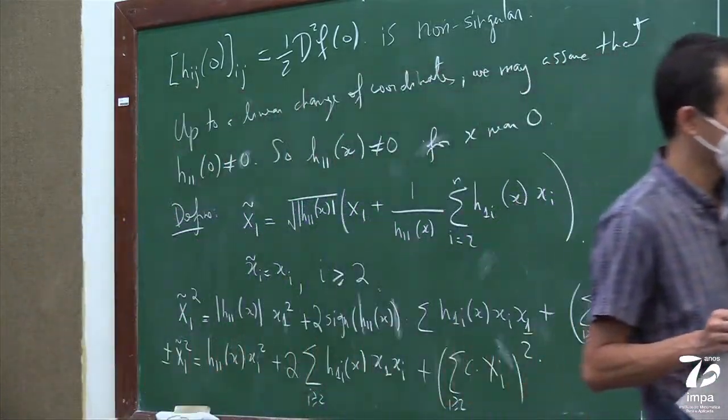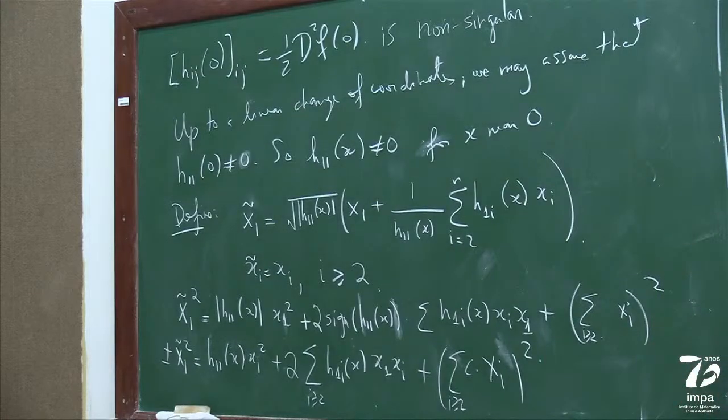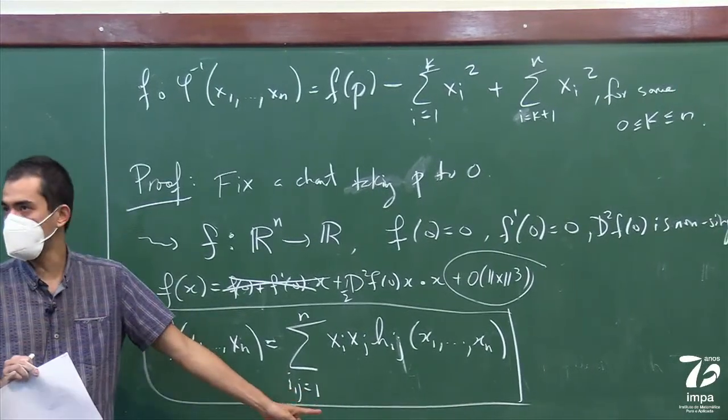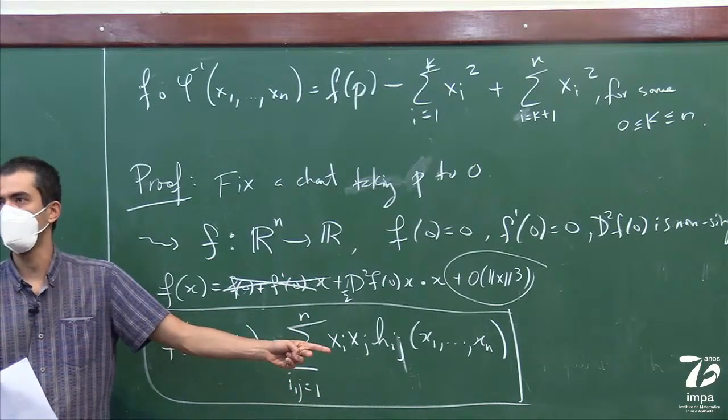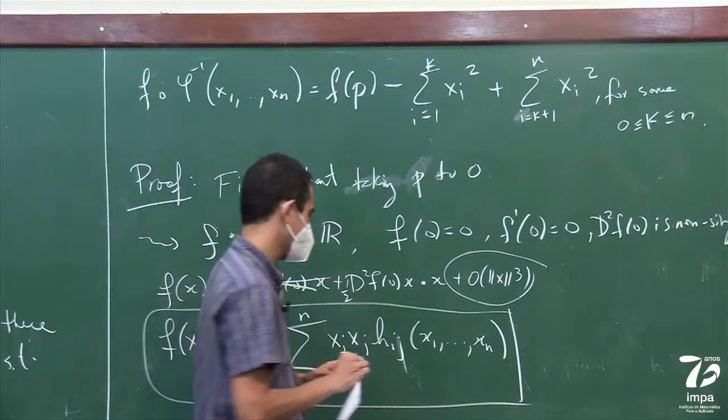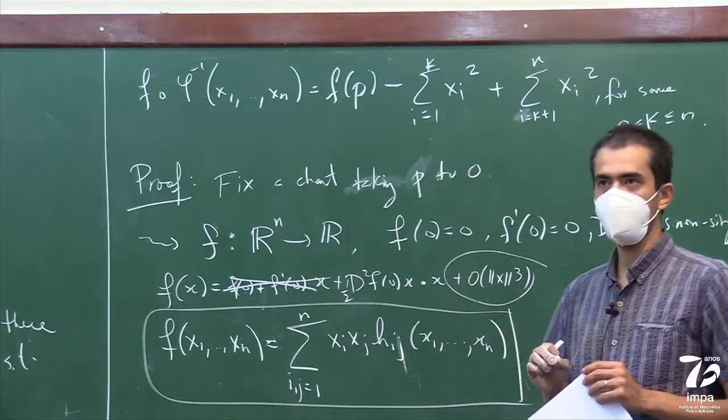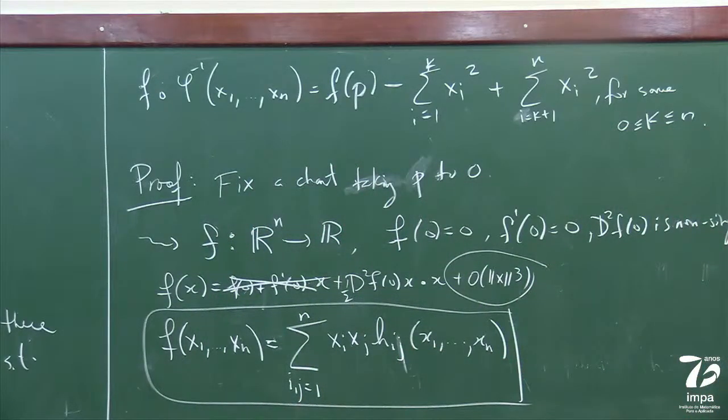So if you look at the terms that have either i or j equal to 1, then you have an even number of them, because this h is symmetric. I forgot to say that. But it's kind of obvious because the partial derivatives are symmetric.